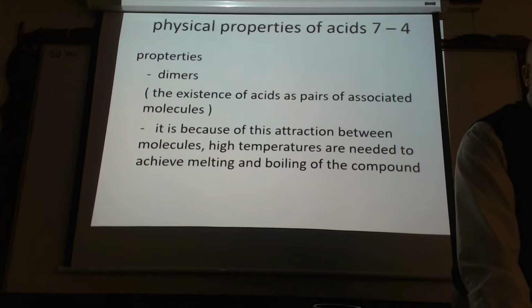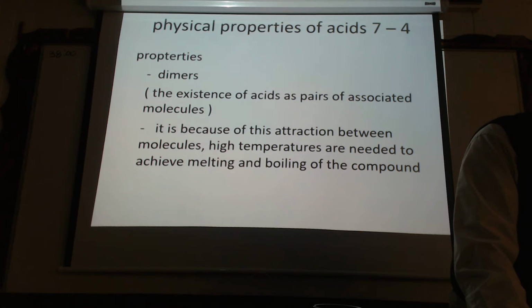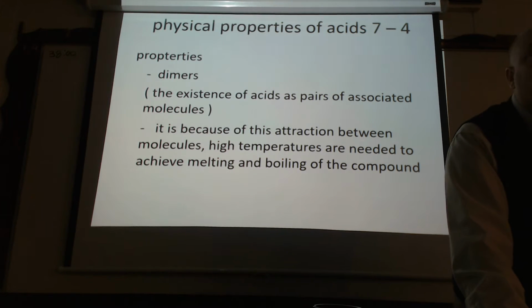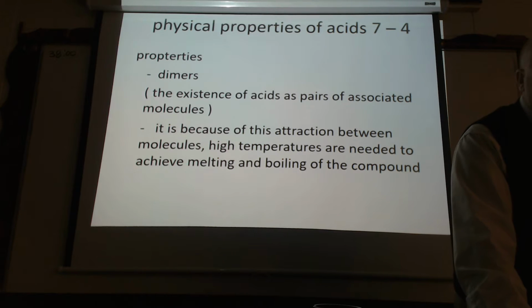For instance, what if I read some of these that are found in common foods? We have propanoic acid, oxalic acid, and citric acid. Citric acid is probably the one you think really wouldn't be all that bad, and it's not.